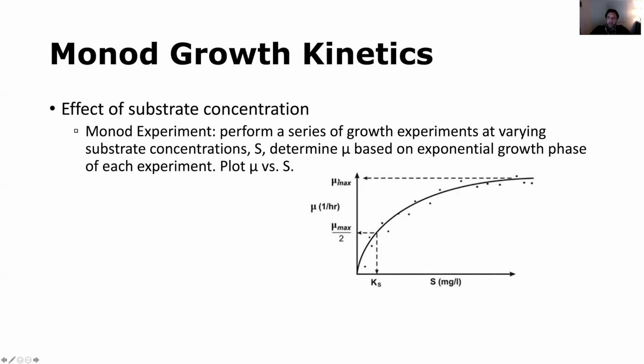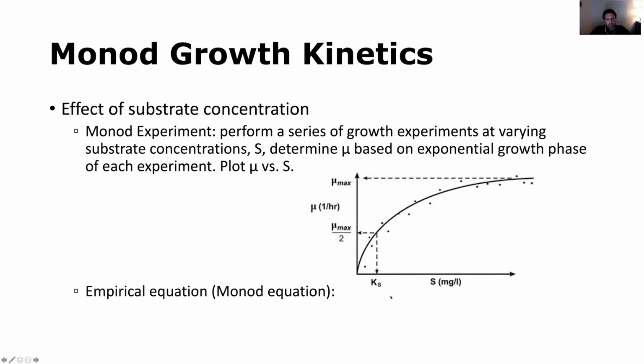If you take that mu max value, divide it by 2, and find the corresponding substrate concentration on the curve from the data, what you get is a value known as K sub S, the half saturation rate constant. It's the concentration of substrate that produces a growth rate that's half the maximum specific growth rate.